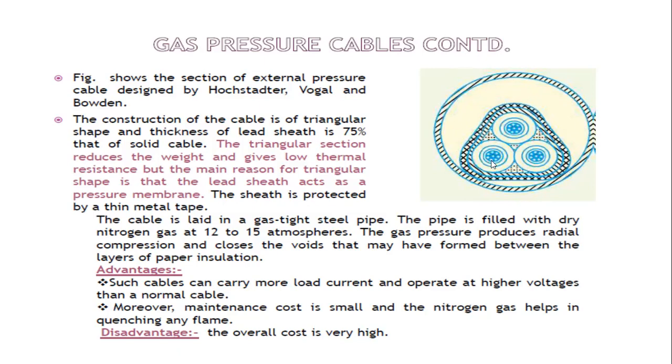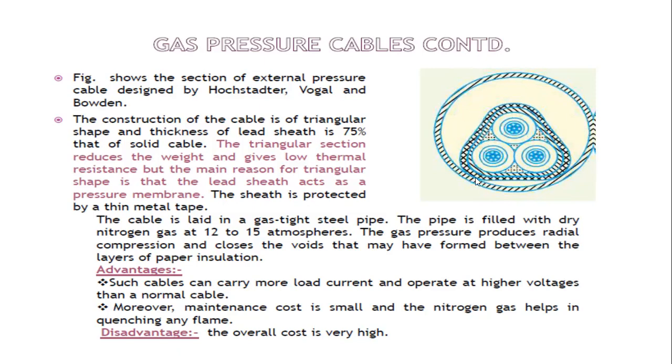This consists of a triangular section. The triangular pipe encloses the conductors: this is conductor 1, conductor 2, conductor 3. This 3 core cable is enclosed by the triangular shaped gas tube.